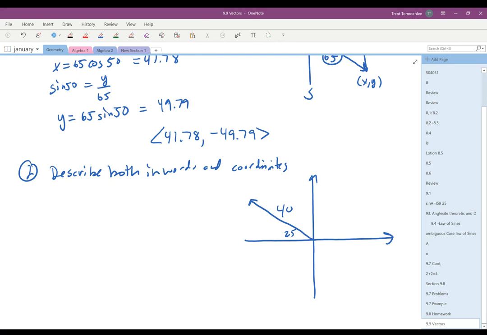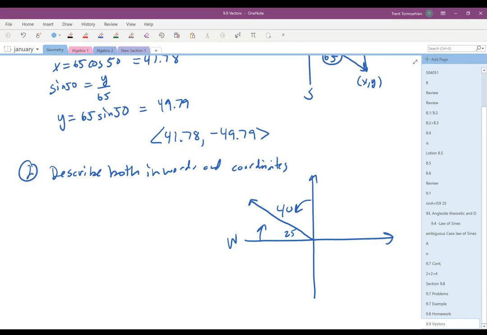Well, that 25-degree angle, if you think about it, is north of west. This direction is west, and we're going above west, so 25 degrees is north of west. Another way you could describe this is 65 degrees west of north. You don't ever have to do it that way.